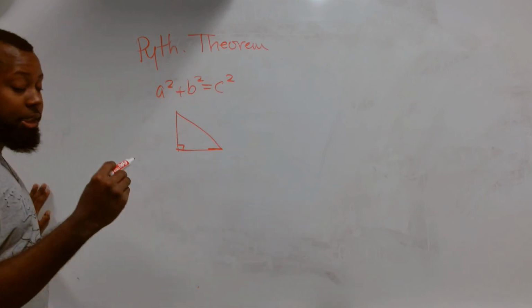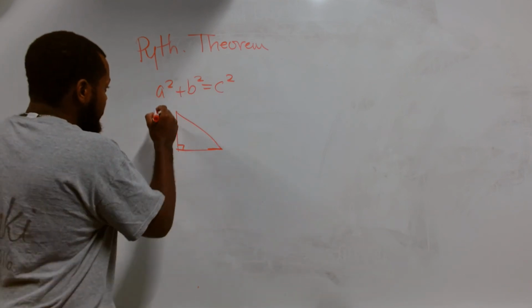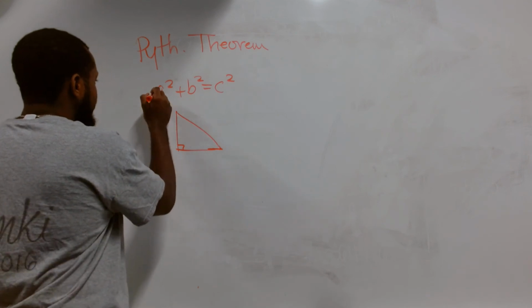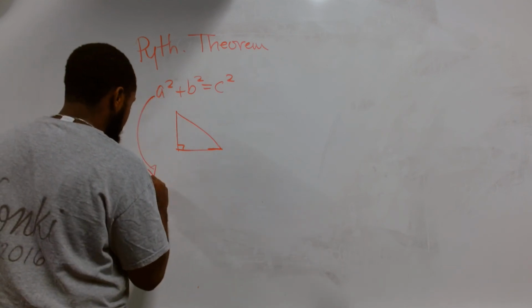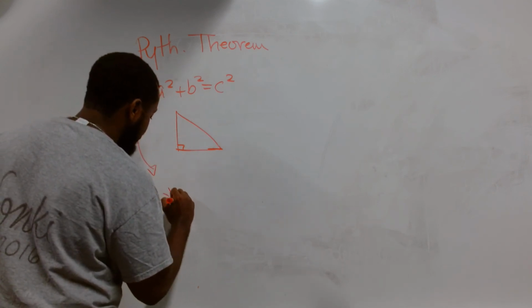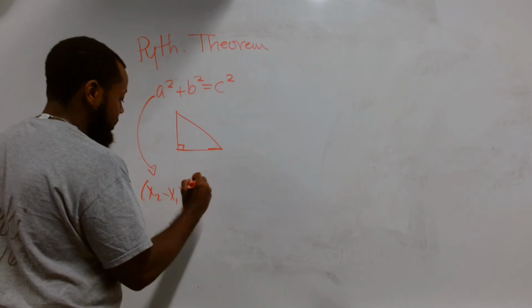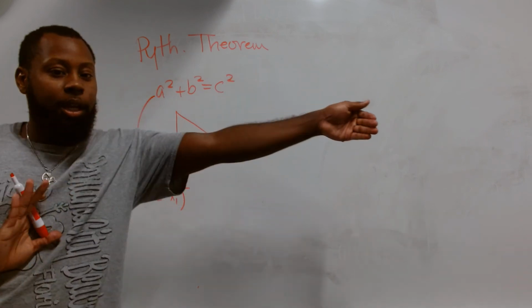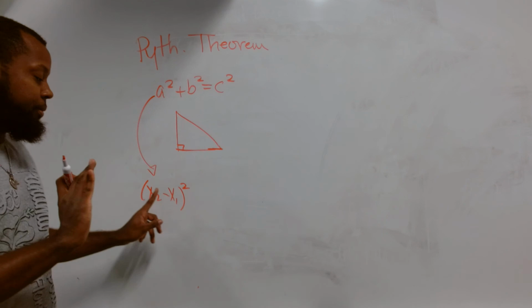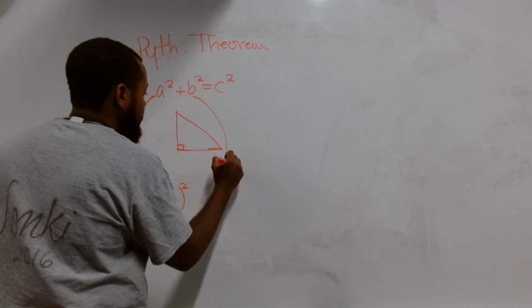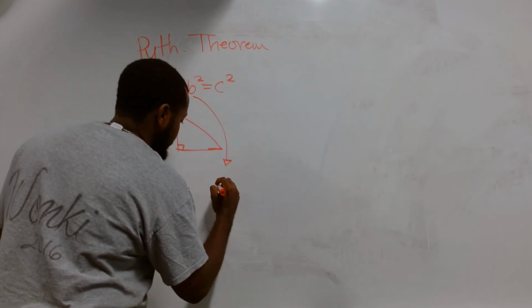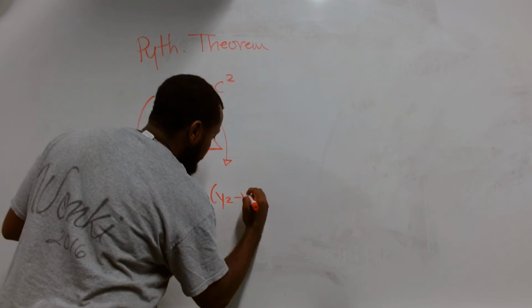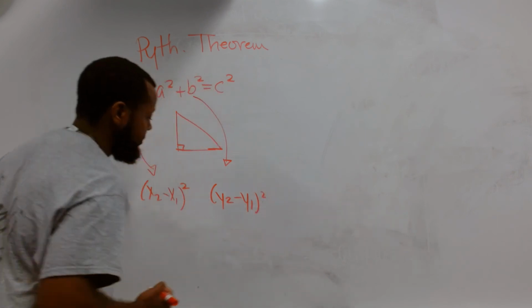Because distance deals with a coordinate plane, your A will be written as x2 minus x1, the distance from x2 to x1. Your B will represent your y: y2 minus y1 squared.